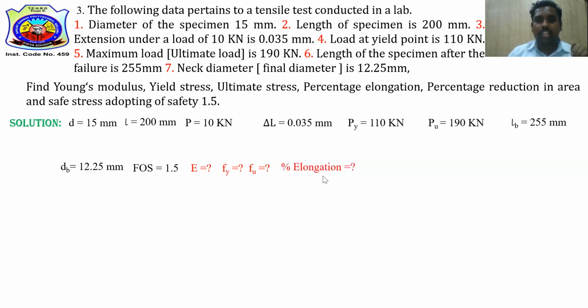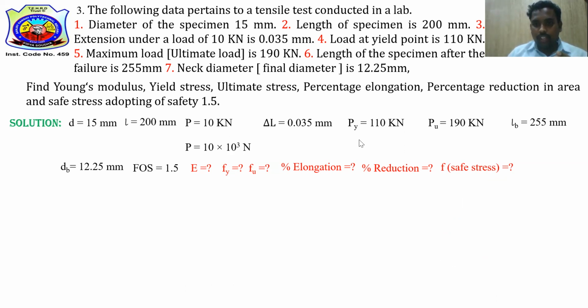Good. Then he has asked us to find percentage elongation, then percentage reduction in area, by adopting factor of safety 1.5. Students, after writing the given values, just cross-check whether unit conversion is required or not. In case of P, I need a unit conversion. That is P equals 10 into 10 power 3 Newton.